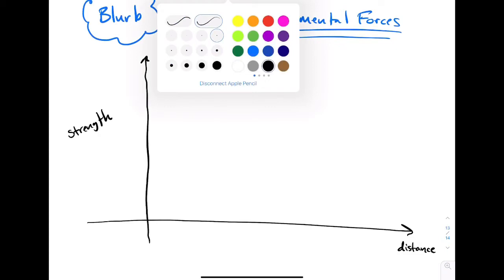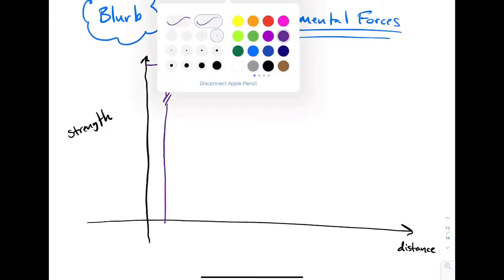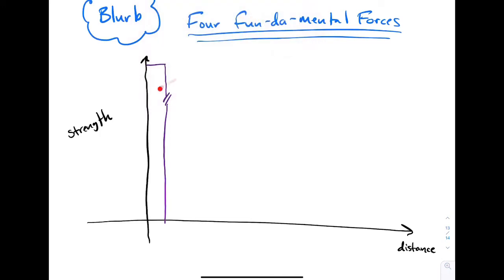The first 2 I'm going to add in here are really close quarters forces. So the way I'm going to do this is like so. We'll have a bar that goes up like that, and I put 2 little dashes in there. These 2 little dashes imply that this bar would actually be way up higher in our scale.